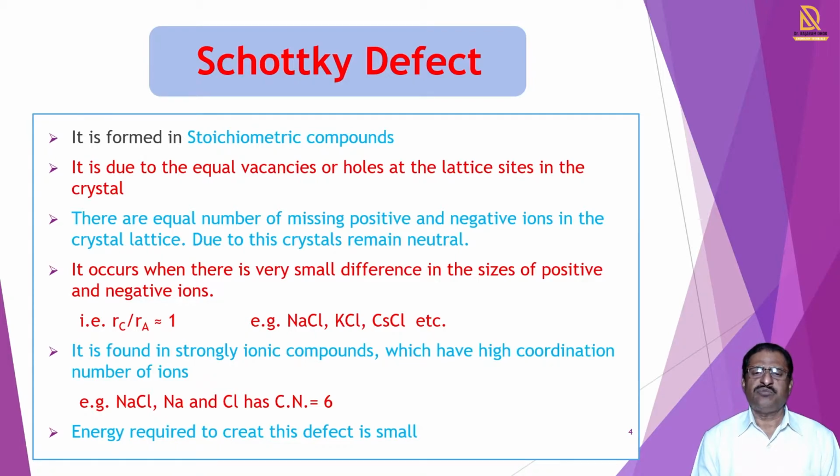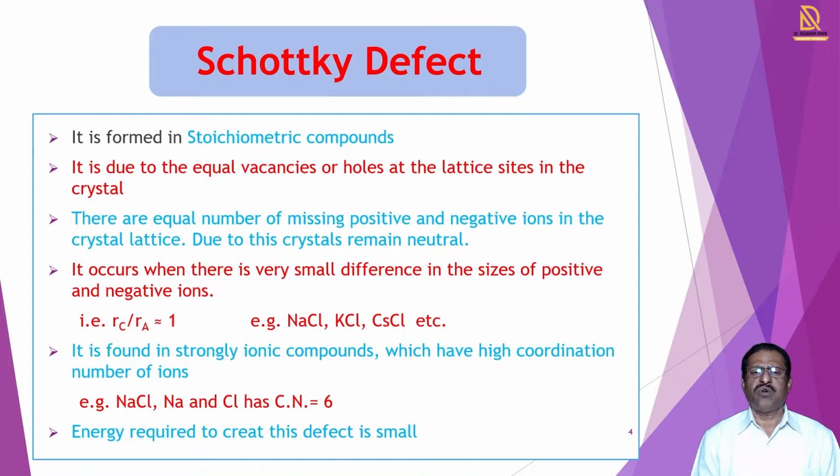Such Schottky defects are mainly observed in compounds that have a very small difference in the size of the positive ion and negative ion. So the radius ratio, that is the radius of cation to the radius of anion, is nearly equal to 1 in these compounds. Some examples are NaCl, KCl, CsCl. They show this type of defect.